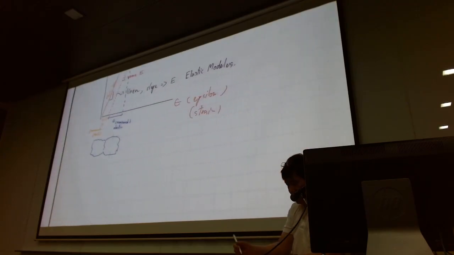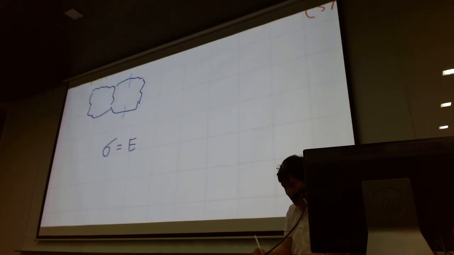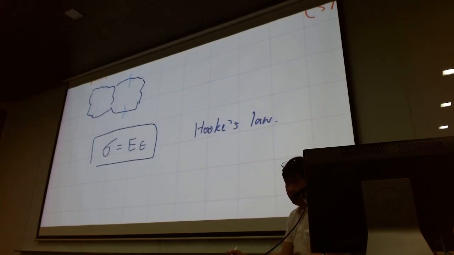So in our class, we say that if it's only the elastic region, that means our relationship follows this curve, which is going to be a linear relationship. And this is what we call Hooke's law. This is a linear relationship, Hooke's law.